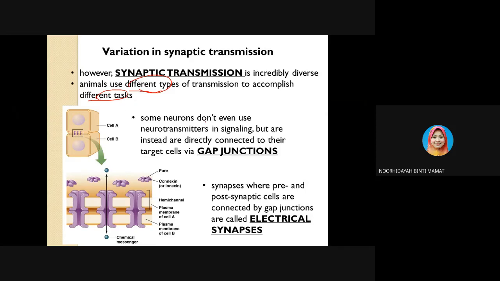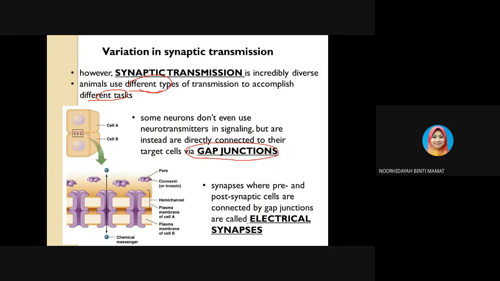Some neurons don't even use a neurotransmitter in signaling, but are instead directly connected to their target cells via gap junctions. The synapse where the presynaptic cell and the postsynaptic cell are connected by gap junctions, we call the electrical synapse.